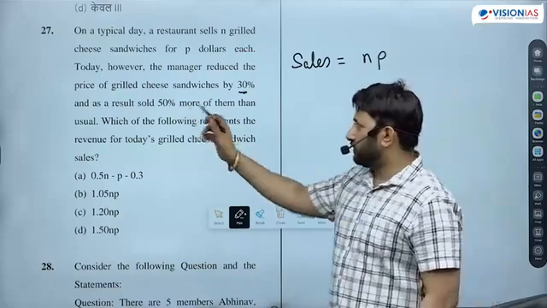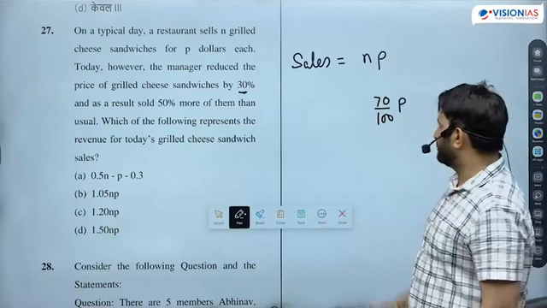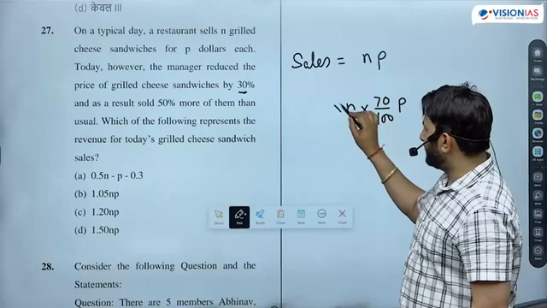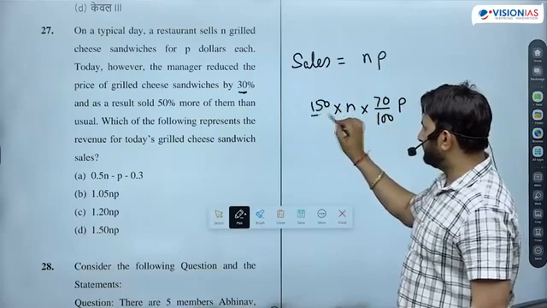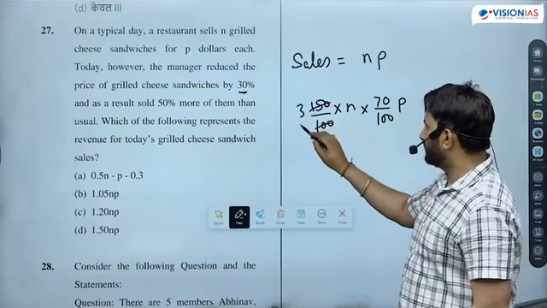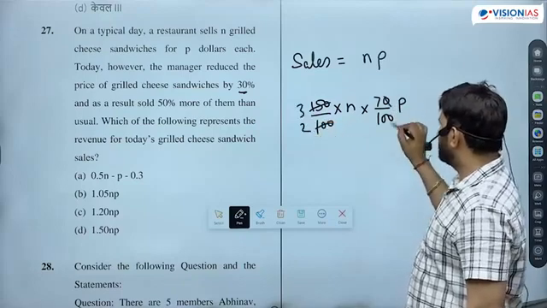As a result, he sold 50% more than he usually sells. So number of items sold is 150% of the original value. You can cancel this. That will be 3 upon 2. You can cancel out this.